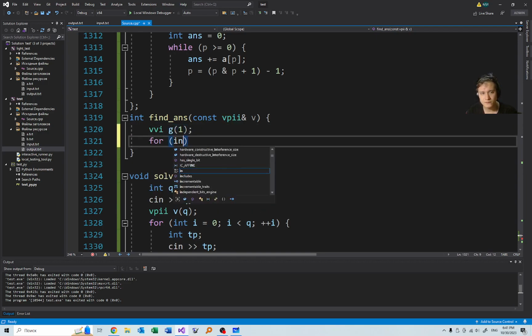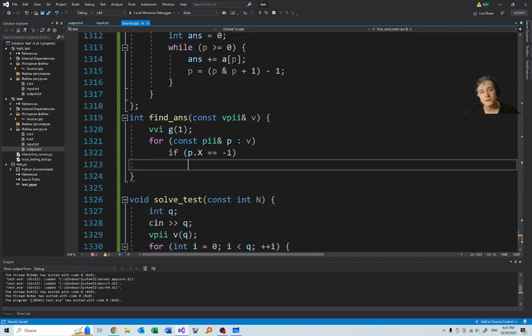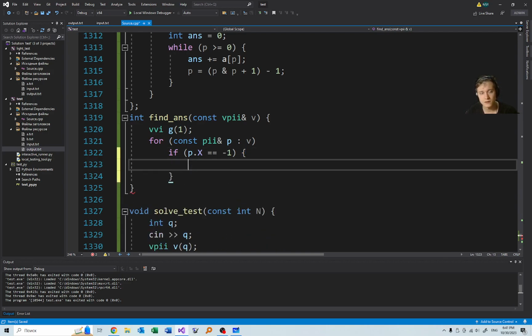So let's go through all operations. We only need operations of the first type, in which p of x is -1. For these operations, we need to add a neighbor. So first of all, let's find the number of the new vertex.